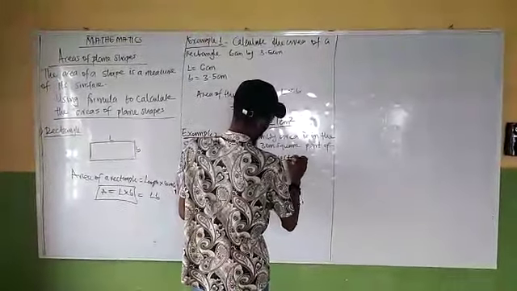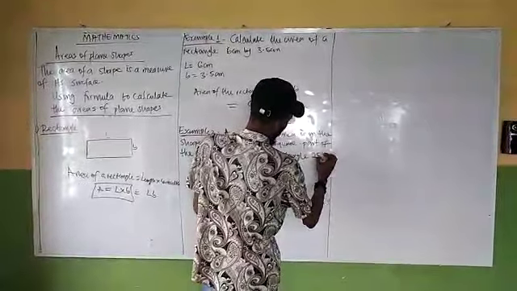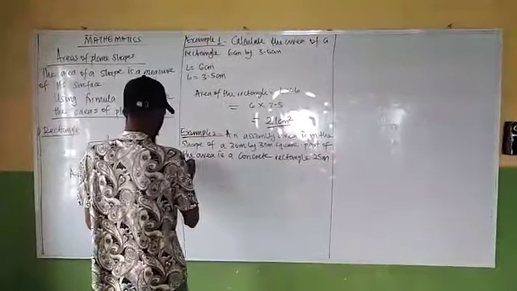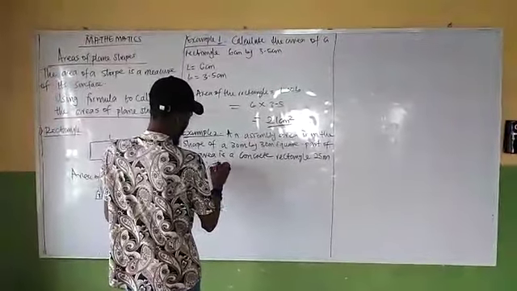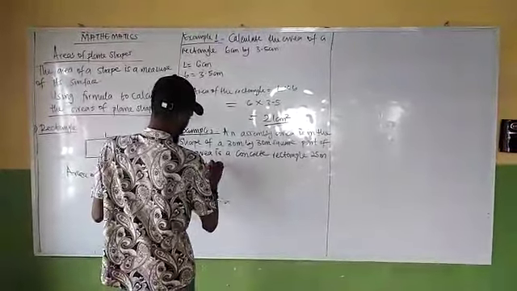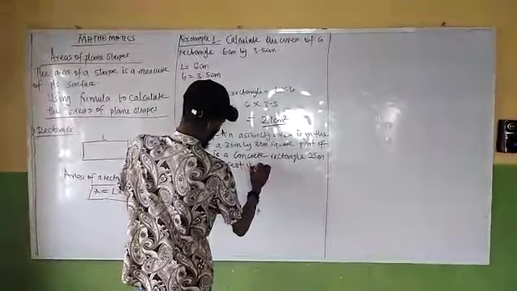Part of the area is a concrete rectangle 25 meter by 5 meter. The rest is grass.